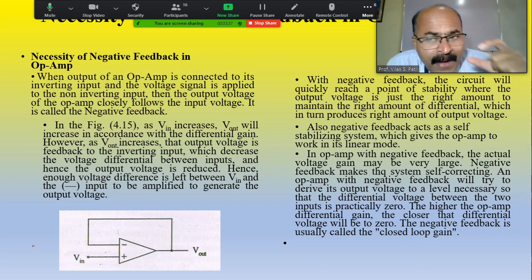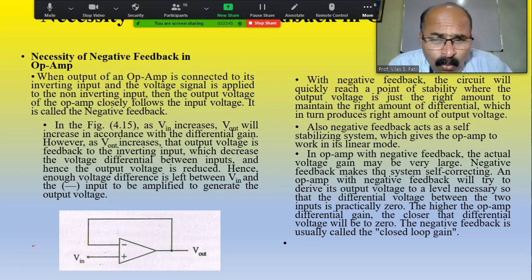If negative feedback is achieved, what will be the effect on a differential amplifier or the operational amplifier? We have to see in this point.